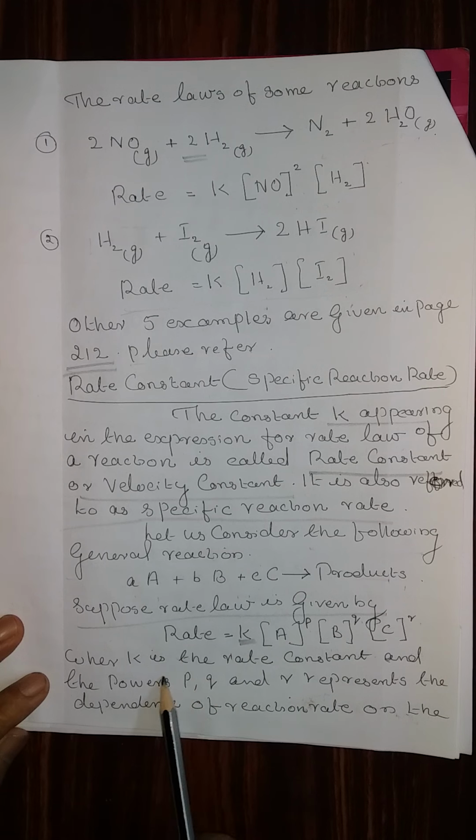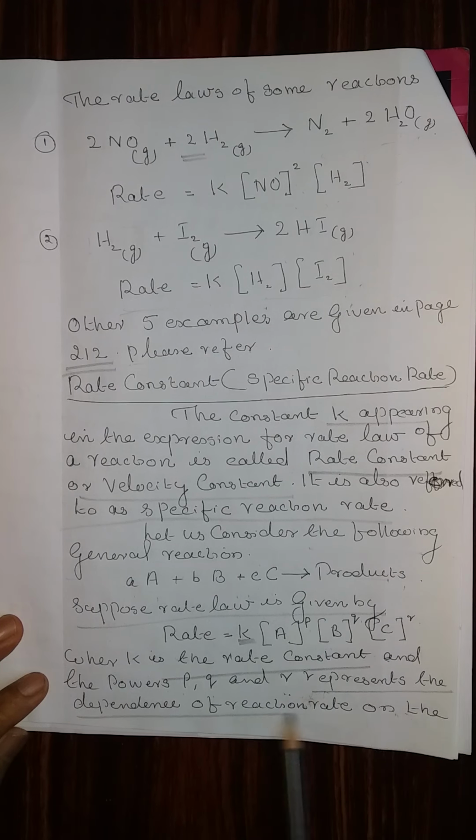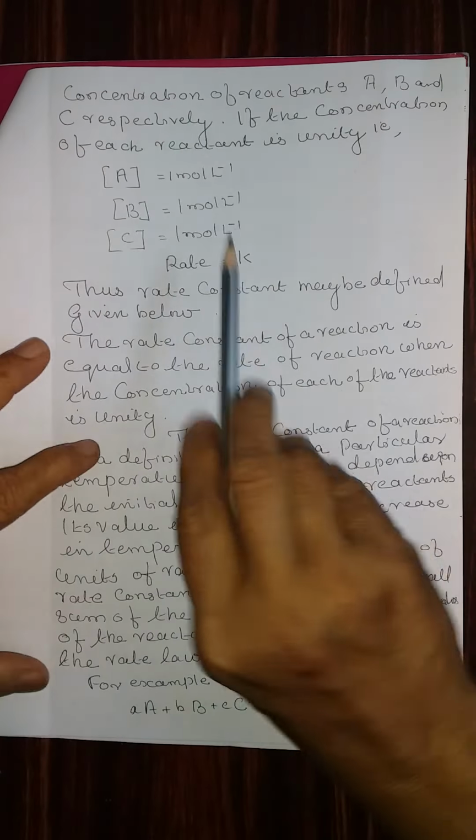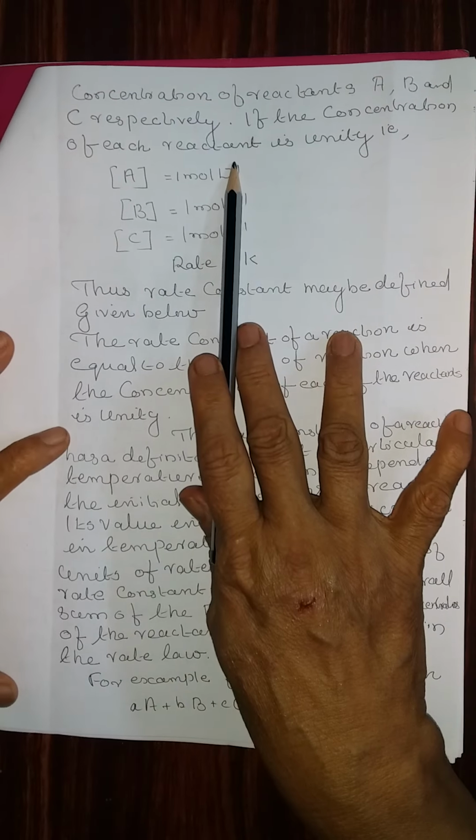This k is known as the rate constant, and the powers p, q, r represent the dependence of the reaction rate on the concentration of the reactants A, B and C respectively.